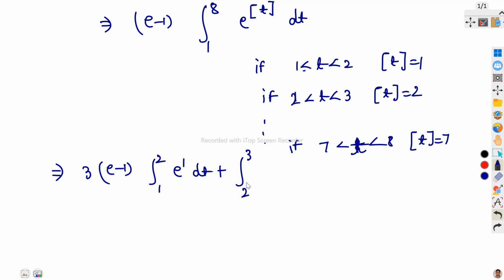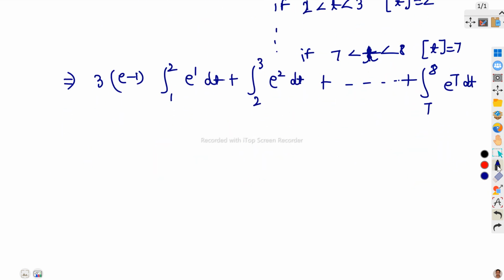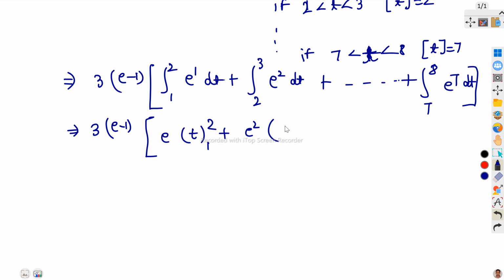Again we take the limit of integration as 2 to 3, and this becomes e², since in this interval bracket t equals 2, and so on, and from 7 to 8 this becomes e^7 dt. These are constants, so we can take them outside, and the integral of dt is t, evaluated from 1 to 2, from 2 to 3, and similarly from 7 to 8.